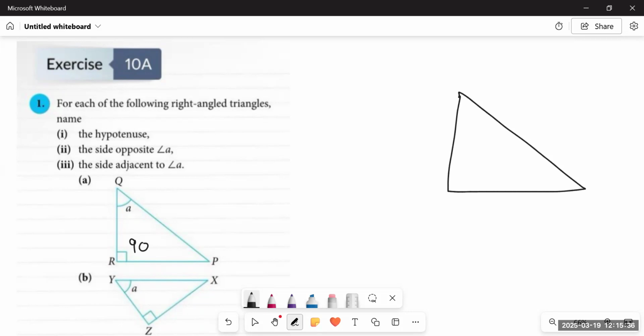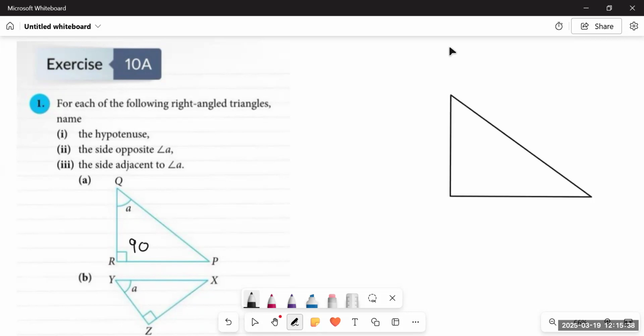So in this right angle triangle, we have three sides. This is the hypotenuse, and the two sides adjacent to it that are perpendicular to each other are base and height.